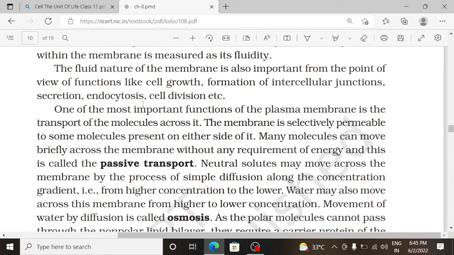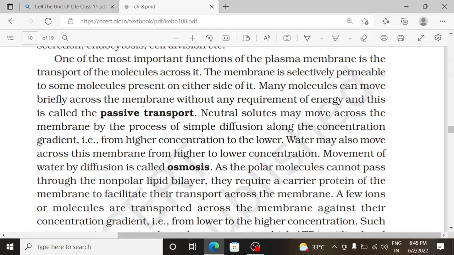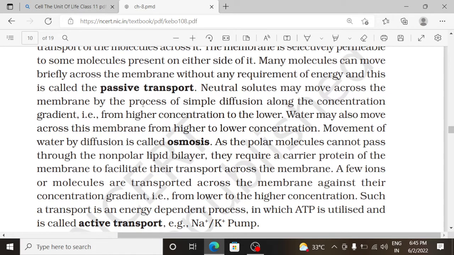One of the most important functions of the plasma membrane is the transport of molecules across it. The membrane is selectively permeable to some molecules present on either side of it. Many molecules can move across the membrane without any requirement of energy, and this is called passive transport.